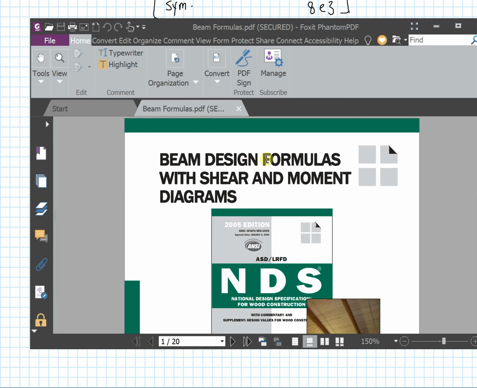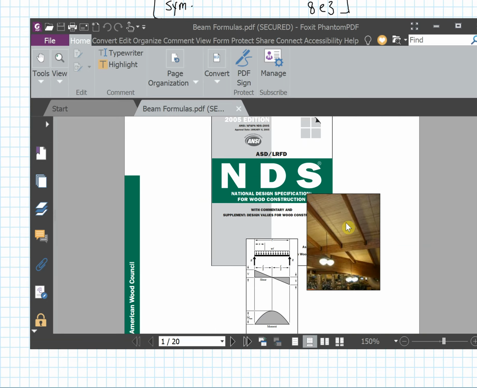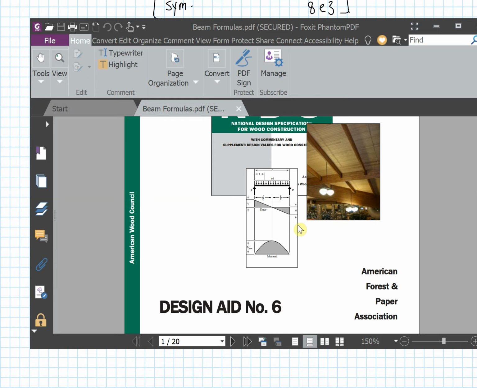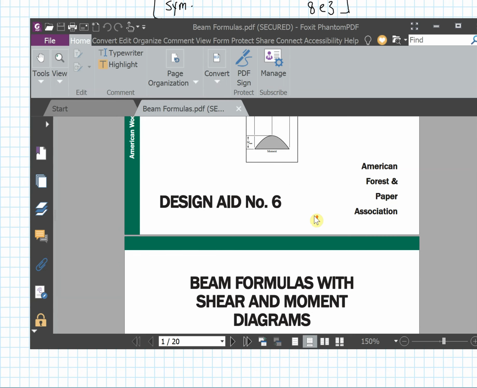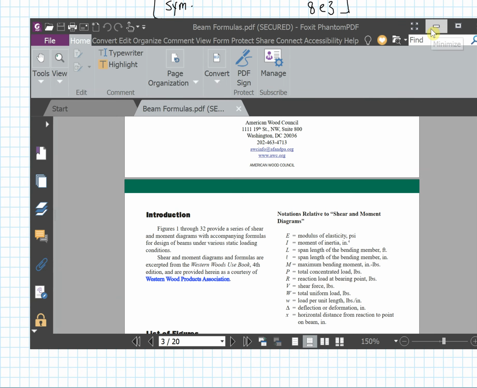It's titled Beam Design Formulas with Shear and Moment Diagrams. It's by the National Design Specifications for Wood Construction. So I highly recommend that you obtain this document. I think what I did was to just Google this, and it's readily available, it's free. So you can easily download it, and it contains lots of useful equations and formulas.